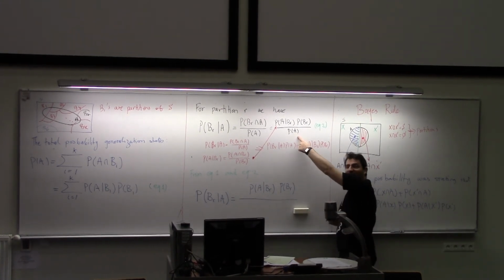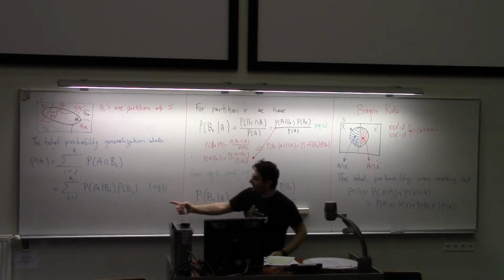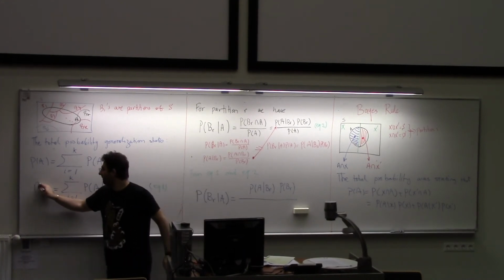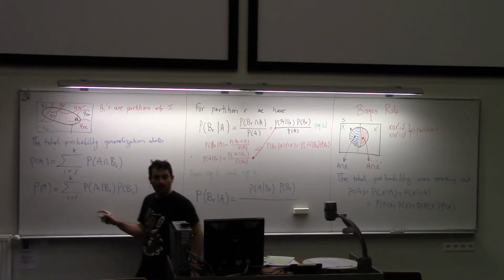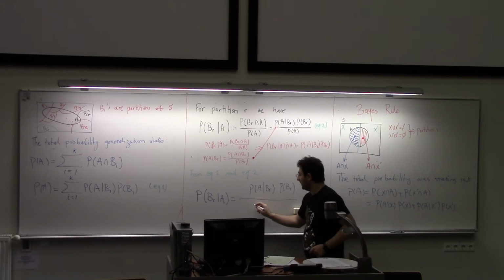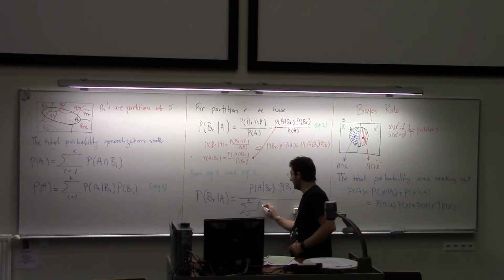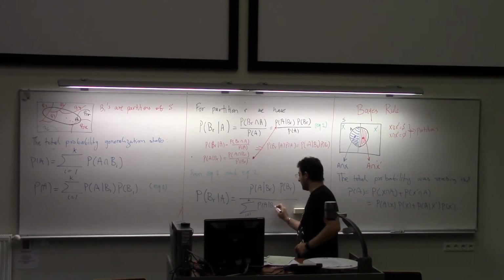What is the probability of A? This is the probability of A, right? So I put it here: the sum of the probability of A given Bi multiplied by the probability of Bi.